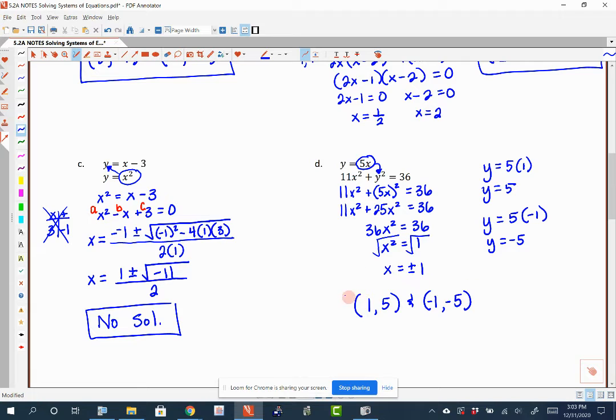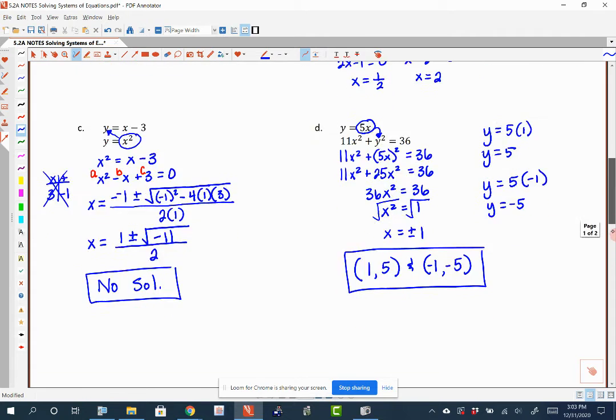Now, if you look closely, in this equation, we had an x squared and a y squared, which we'll get to in a later unit, but this is actually a circle, not a quadratic. So that's kind of interesting.